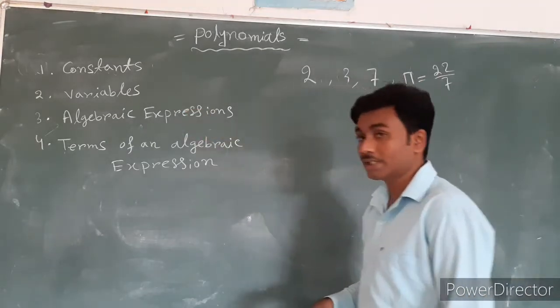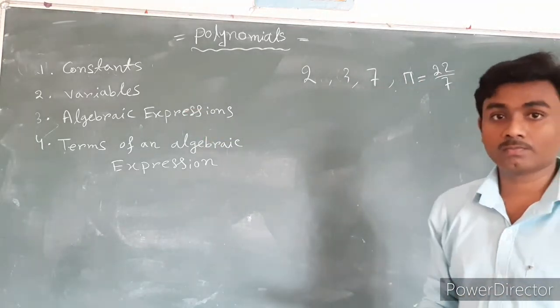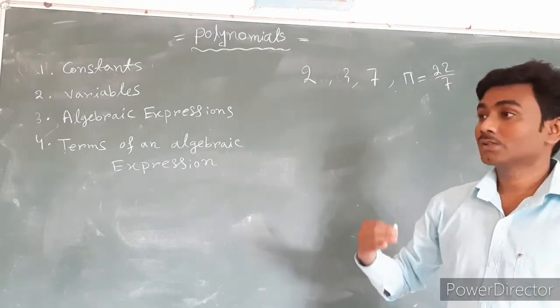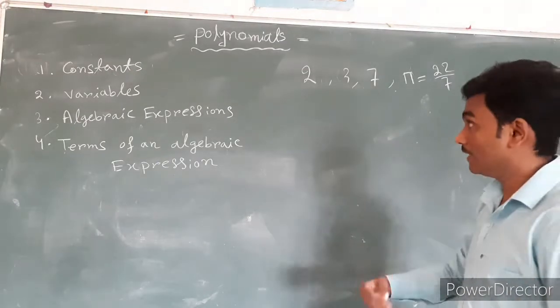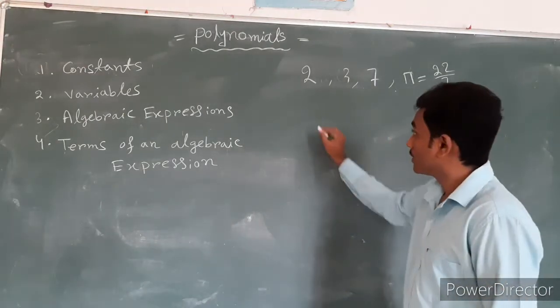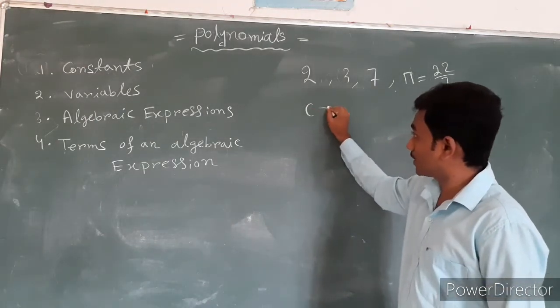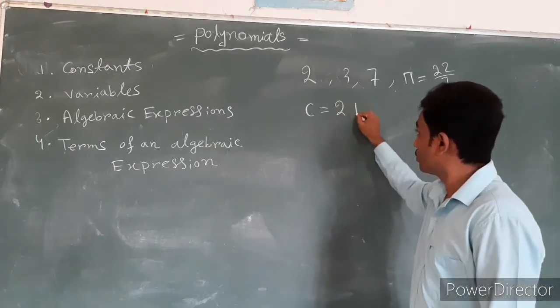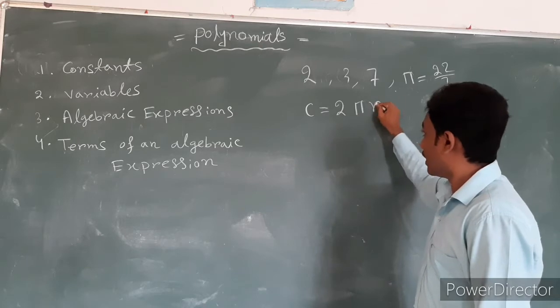Next, variables. A symbol which has no fixed value, which can take any value is called variable. Suppose circumference, we know that circumference is equal to 2 pi r.